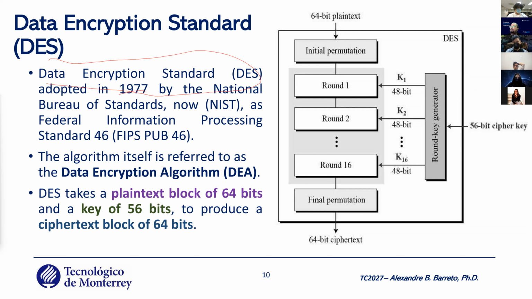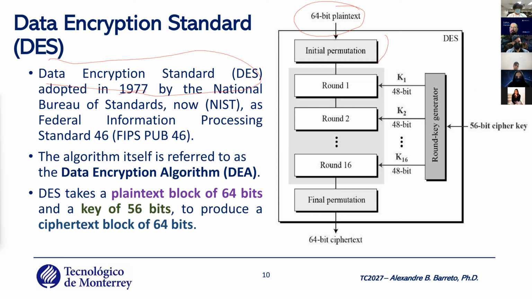Again, the DES takes a plain text of 64 bits and a key of 56 bits to produce a cipher block of 64 bits. The idea of the model is this one. You receive a plain text with the 64 bits, and you apply an initial permutation. The reason to do this initial permutation is to shuffle the initial data, okay?